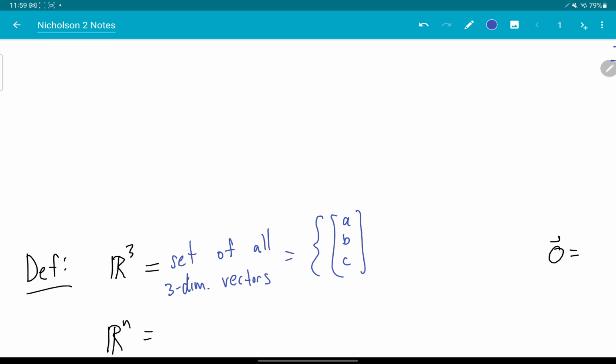The 3 entries could be different, so I put a, b, c. Then I put a little colon. The colon could be interpreted as "such that." And the only condition here is that a, b, and c are all themselves real numbers.